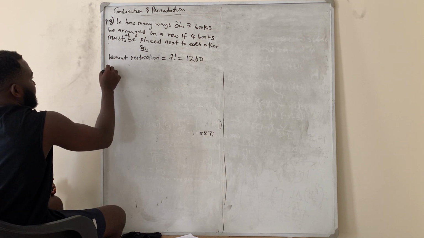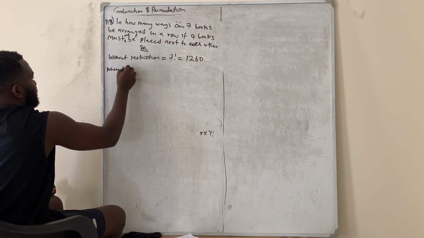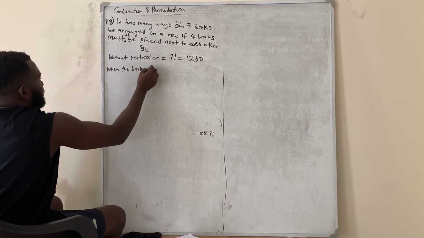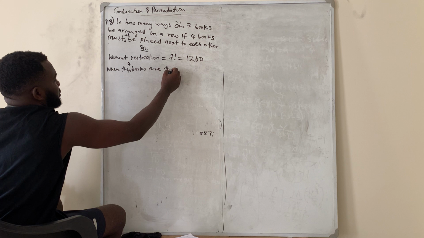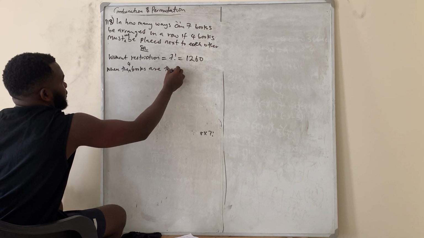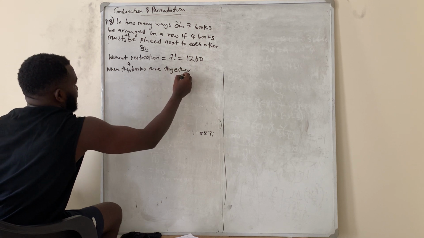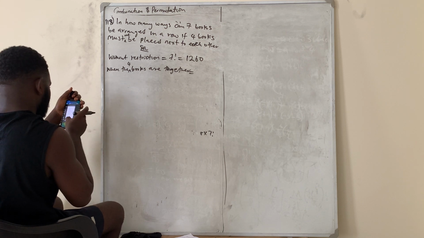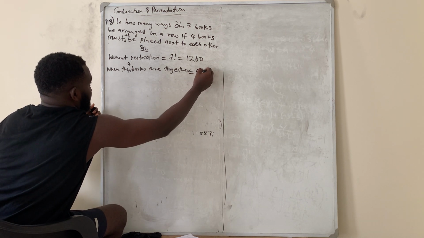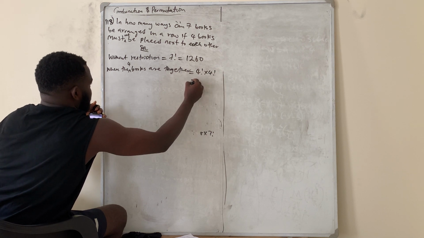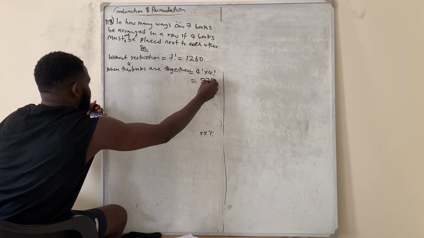Now when the 4 books are together, we got 4 factorial times another 4 factorial, which we got as 576.